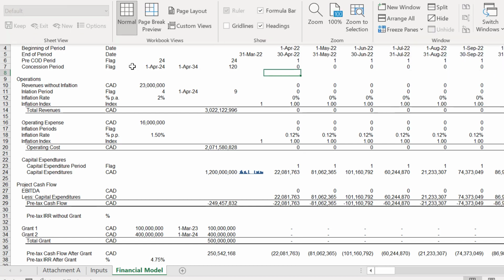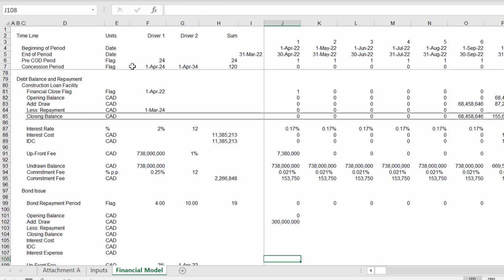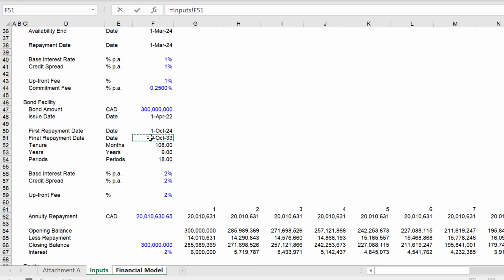Okay, and then we put this down here, and before we do this, we should put the bond repayment period. Now I'm going to do it a little bit differently, because I'm going to say that the first repayment doesn't occur at the start.